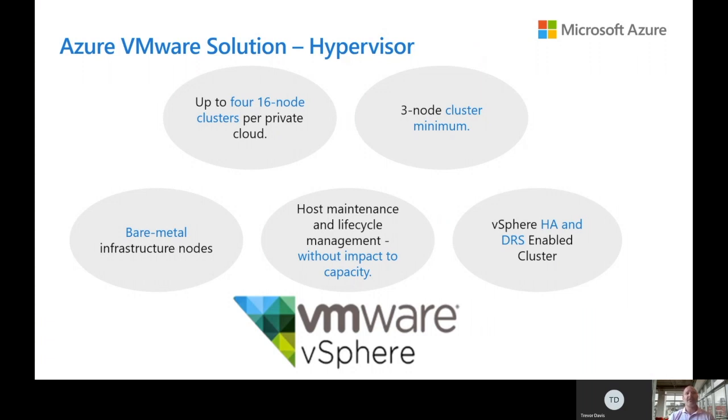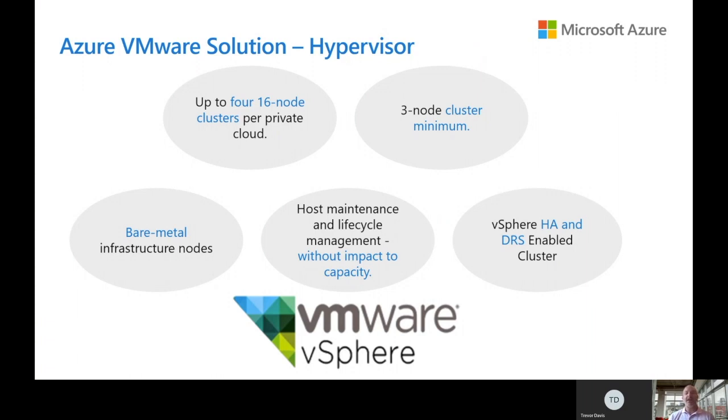We talked about this slightly. Host maintenance, lifecycle management, that is all done by us, and we'll talk about that in a little bit more detail in a few slides. But the key thing here is it is without impact to capacity.